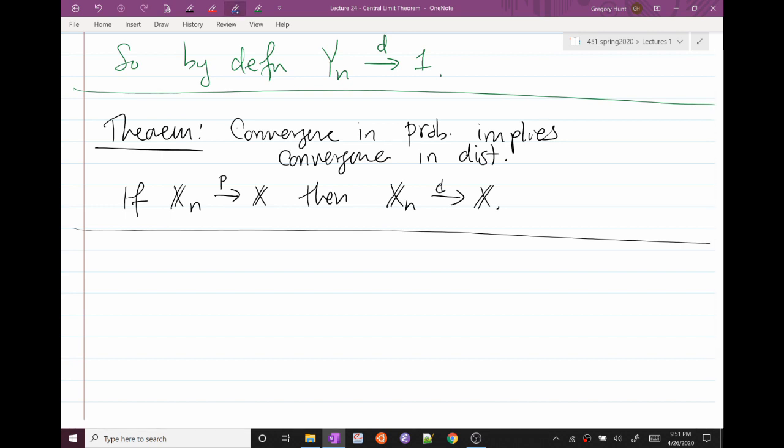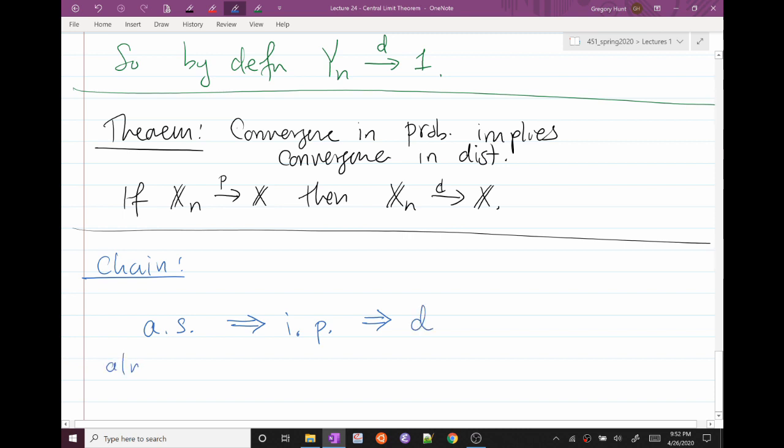So we now have a chain of our 3 modes of convergence. Almost sure convergence implies convergence in probability, and that implies convergence in distribution.